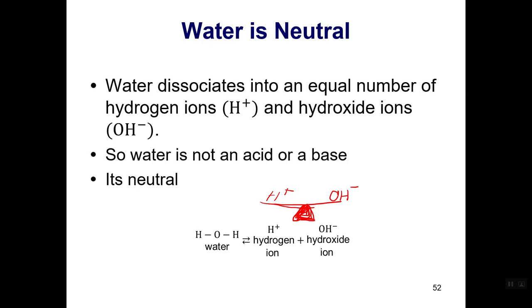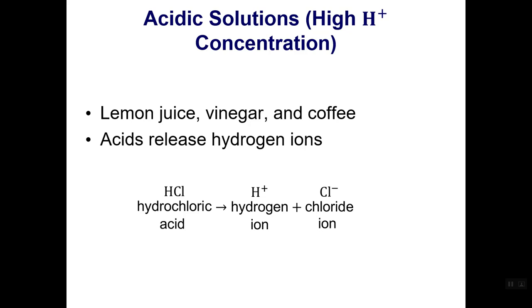Now, an acidic solution has a high hydrogen concentration. So if we look at our seesaw, we have lots of hydrogen ions, relatively fewer hydroxide ions. Lemon juice, vinegar, coffee, those are all examples of acidic solutions.